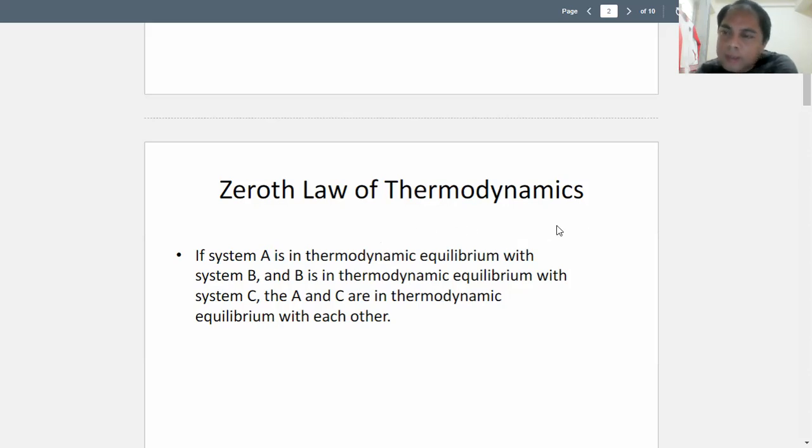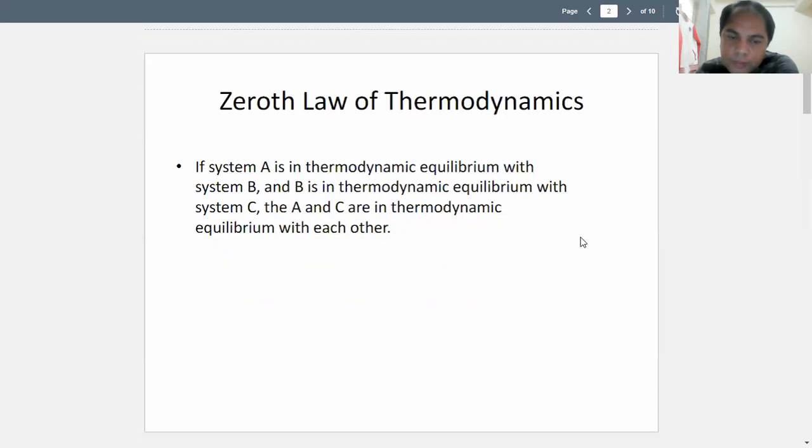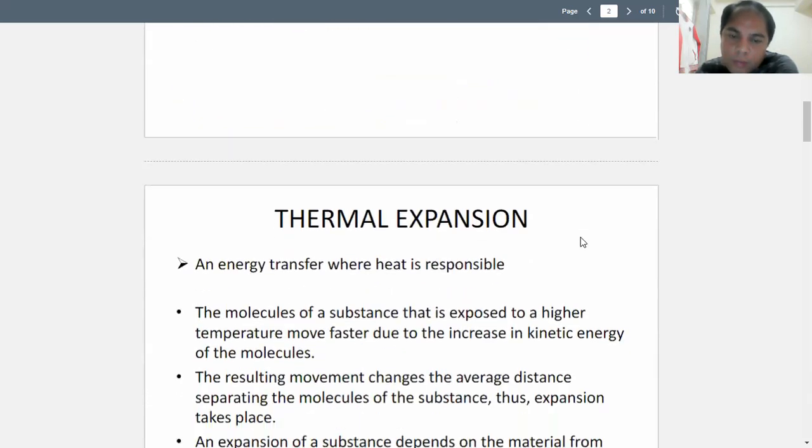It's just like the principle in math. If A equals B and B equals C, then we can conclude that A and C will probably be in the same state, and they are in an equilibrium state. So that's the zeroth law of thermodynamics.